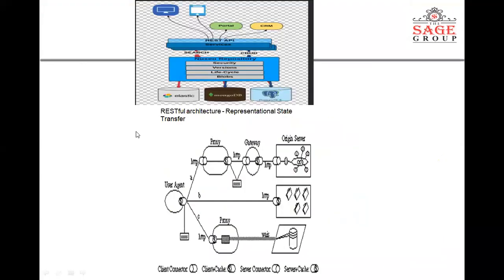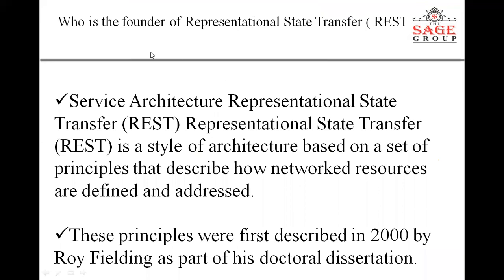This is the complete structure of the RESTful architecture, the representational state transfer architecture. Before going into this architecture, you must know who is the founder of representational state transfer. So REST is a style of architecture based on a set of principles that describes how network resources are defined and addressed.